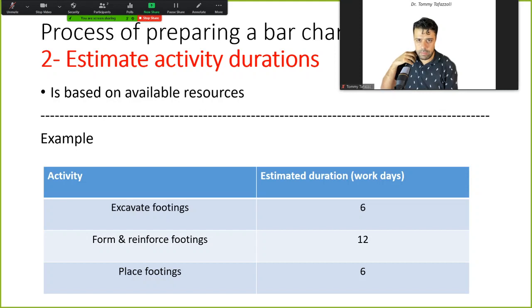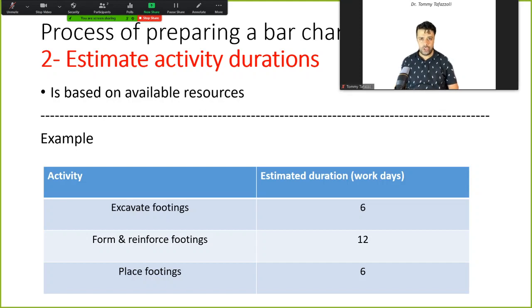But in many cases, you don't necessarily have to wait for one activity before you can start the successor activity. In many cases, a part of activities could be done concurrently, or in some cases, not only do you have to finish one activity, but you have to wait certain days after that activity is done, and only then can you start the next activity.